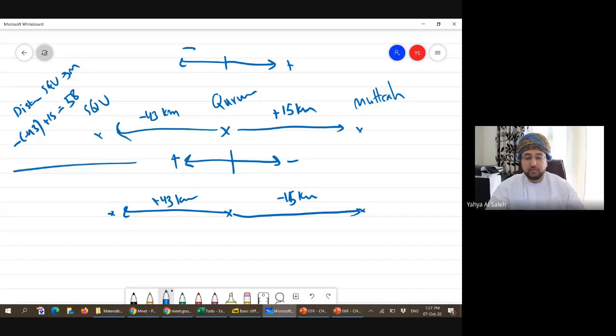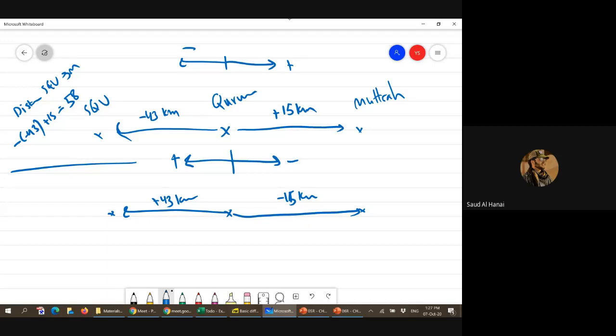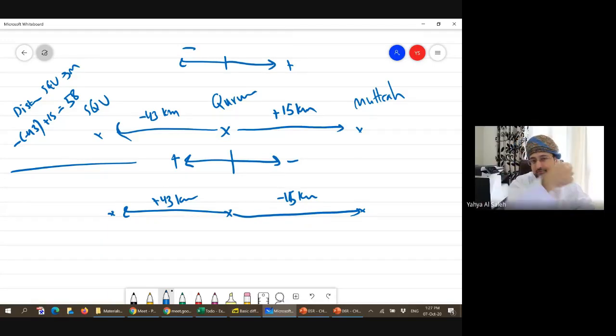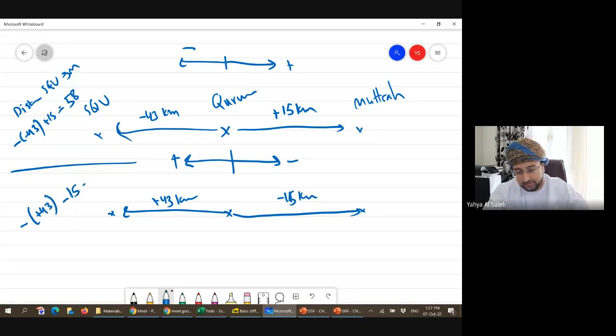Okay, let's do it again when the minus and plus are reversed. Now SQU is plus 43 in this direction, so in this direction it is positive 43. And when we come back, which direction is it? When we come back, it is negative. So minus, plus 43 minus 15 is equal to minus 58. The number is the same. The only difference is we have a minus here and we don't have a minus here, just because of the direction.